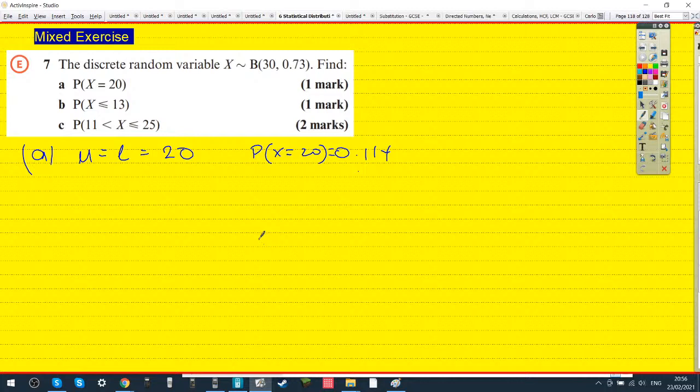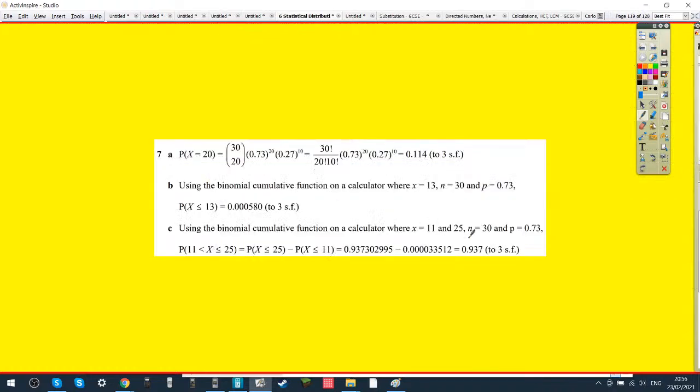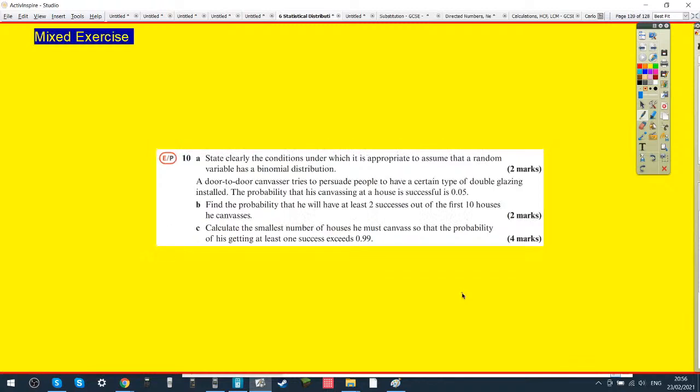So C would be the same probability, same mean. The lower will be 12, upper will be 25, which gives you 0.937. Great.